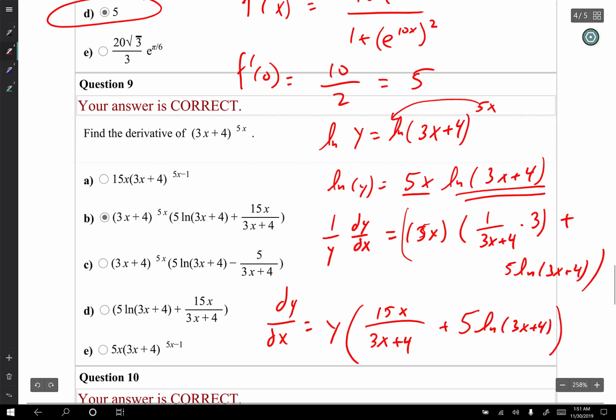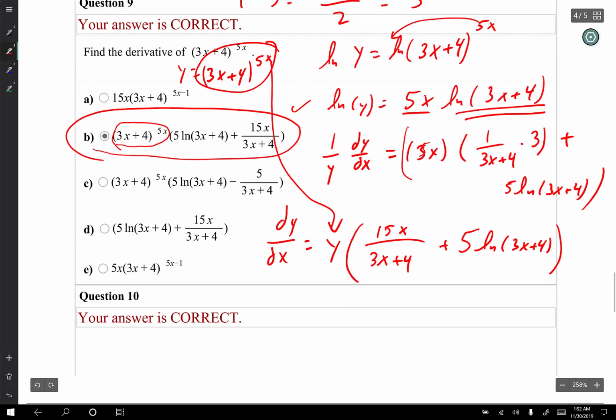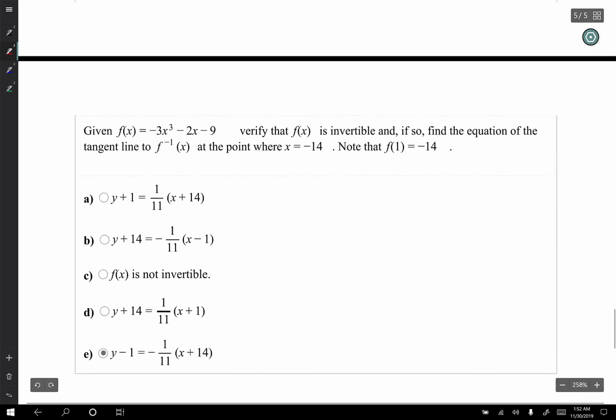And remember that y equaled (3x plus 4) to the 5x. So I'm going to replace that, and then I just look for it. So here it is. (3x plus 4) to the 5x times [5 ln (3x plus 4) plus 15x over (3x plus 4)]. Perfect. Yay. All right, let's do another one, guys.